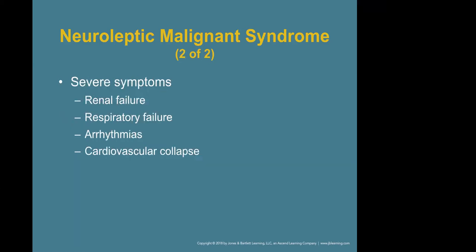They'll get renal failure, respiratory failure, arrhythmias are common, and full-out cardiovascular collapse is common. These patients need intermediate level monitoring until they go back down to psych for a medication change and better medication choice.